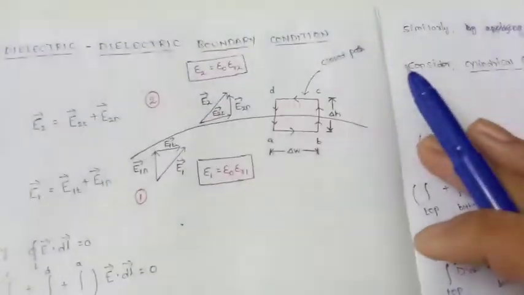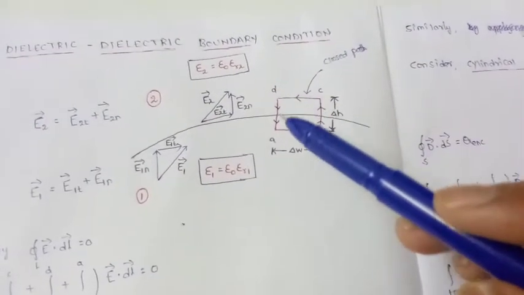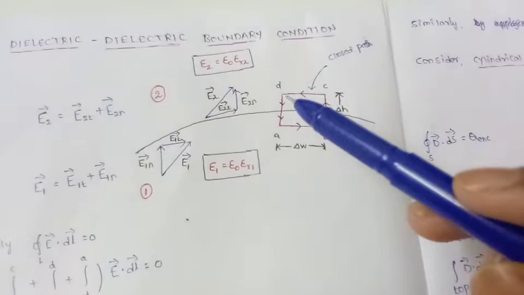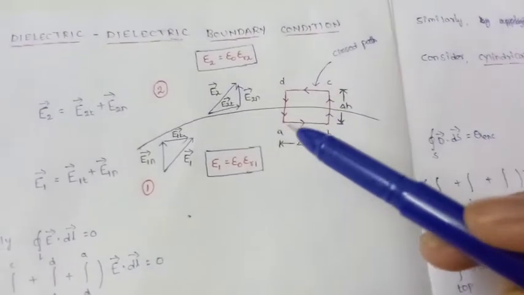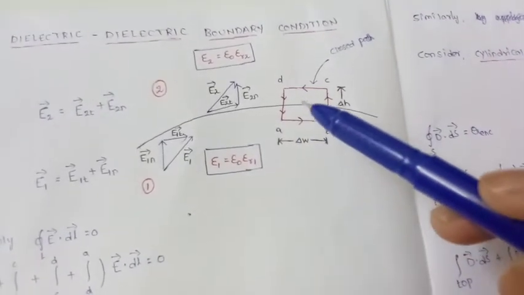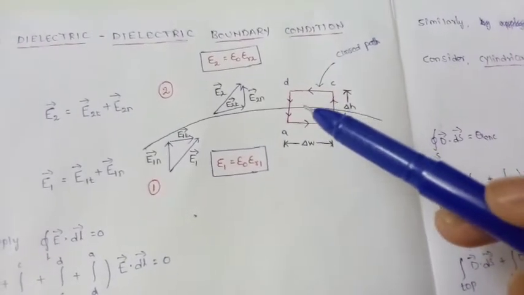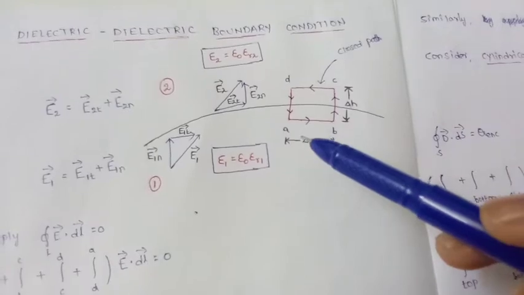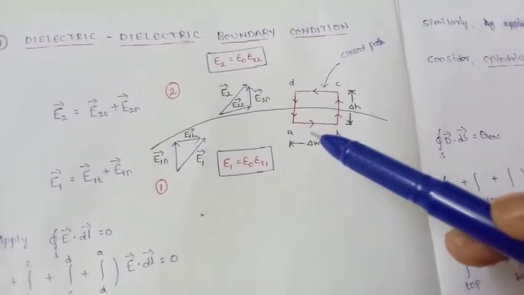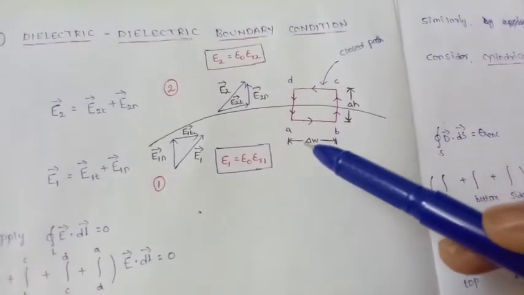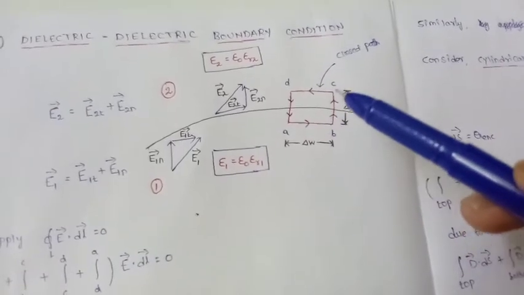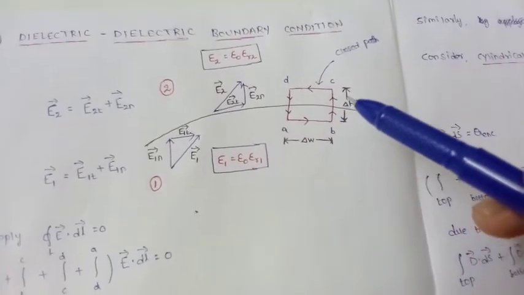Now I have considered a rectangular coil as a closed path. Observe here, this is lying half in the second region and half in the first region. Let us assume that the length is del w and the height or breadth is del h.